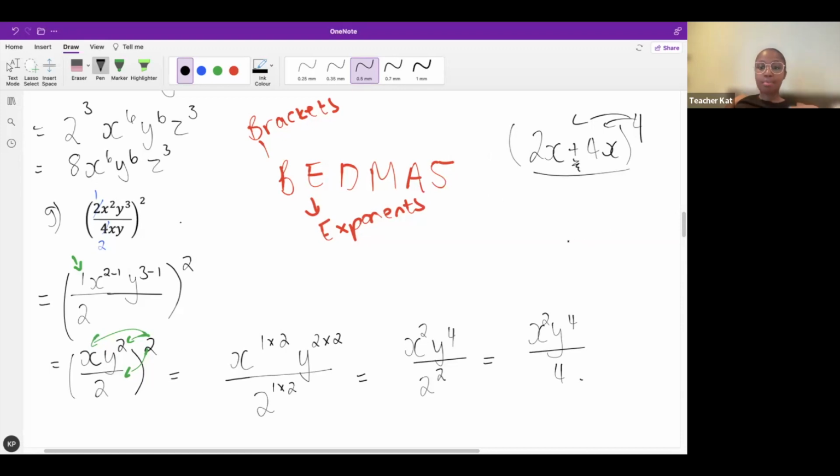But if you are in the habit of first doing inside the brackets, then you will realize that you can actually add these guys, right? And it's going to give you 6x, which then means you can continue, unlike being stuck in step 1. So I want to avoid that. Get into the habit first of simplifying what's inside the brackets.